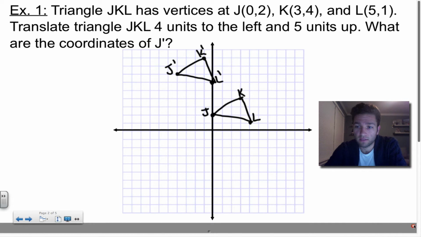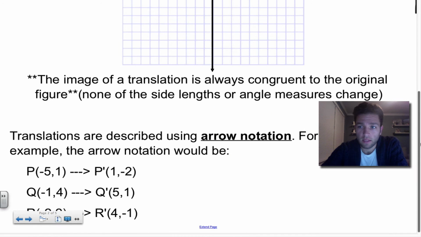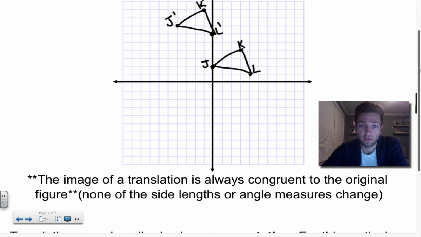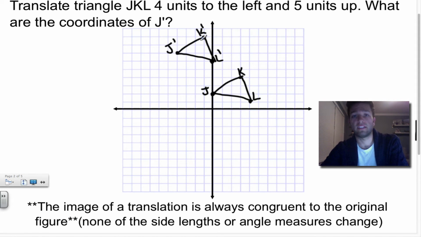One of those things is the fact that the image of a translation is always congruent, exactly congruent to the original figure. So if we look at these two things, you'll notice that their line segments are exactly the same length, and if we could measure their angles, and mine obviously aren't drawn perfectly, but if we could measure them, they're exactly the same.